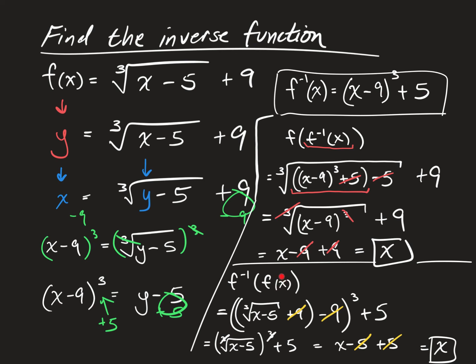But when you compose the opposite direction, the operations all reduce in the exact opposite order. So the 9's reduced here first, then the cube and the cube root, and then the 5's. So the order with which you cancel things does matter, but either way you'll end up with x.